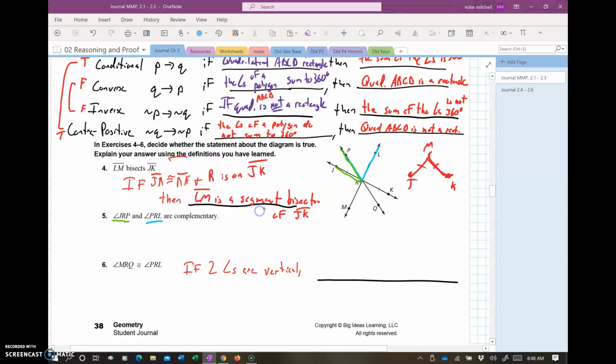So they are not complementary, or we really can't be sure they're complementary. Okay. Looks can be deceiving. Those look like they add up to 180. They don't, because we don't have anything marking it in there to tell us that JK and LM are perpendicular lines.